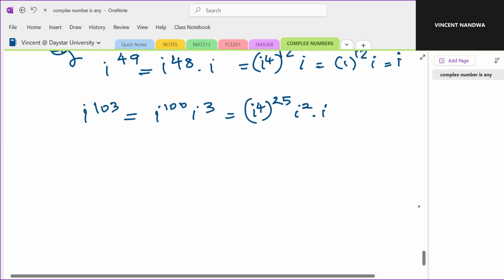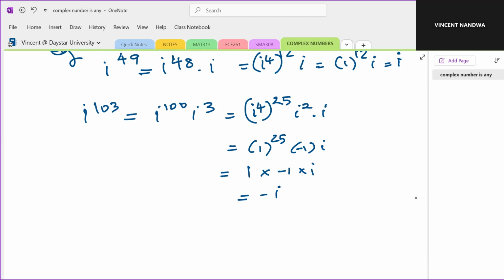And we know that i squared is minus 1. So this is the same as 1 power 25 times minus 1 times i. 1 power 25 is 1, times minus 1 times i, and this will just give us minus i.